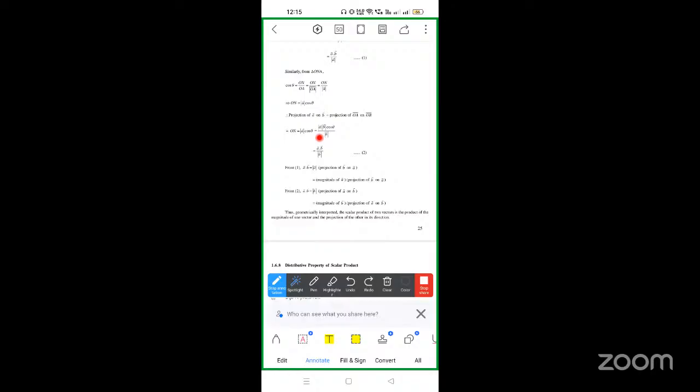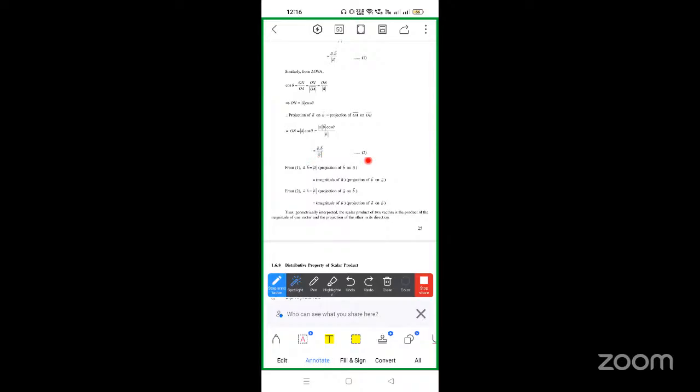So that is mod A into mod B cos theta by mod B. By the dot product definition, A dot B by mod B is the numerator over mod B, equation 2.